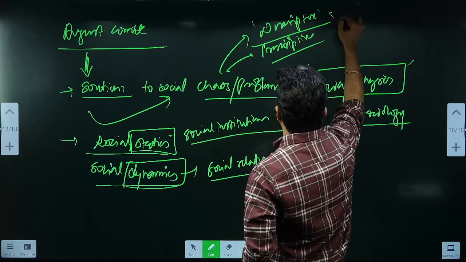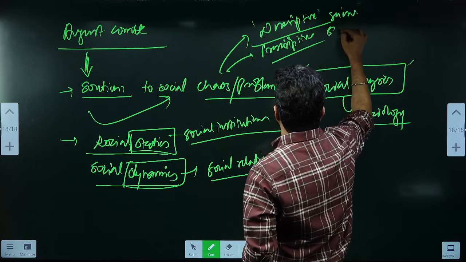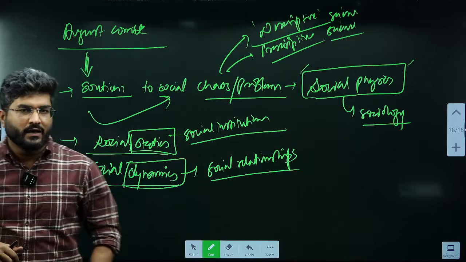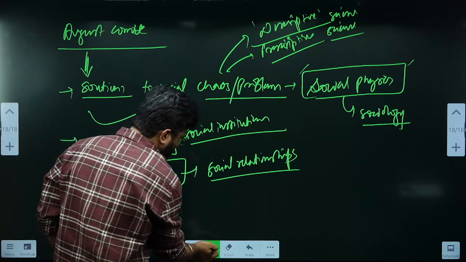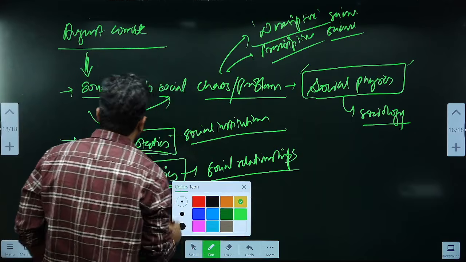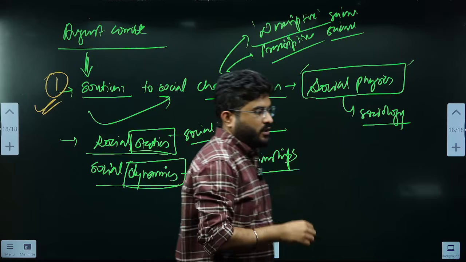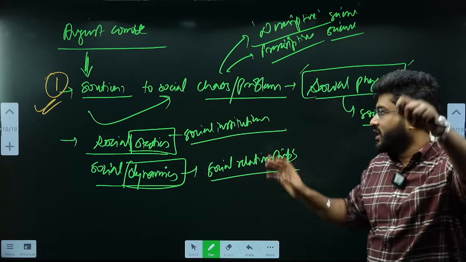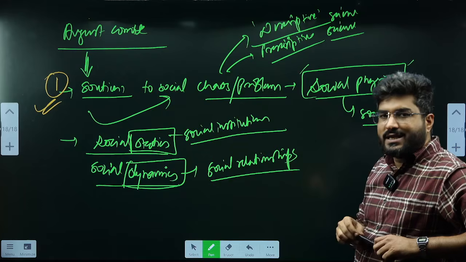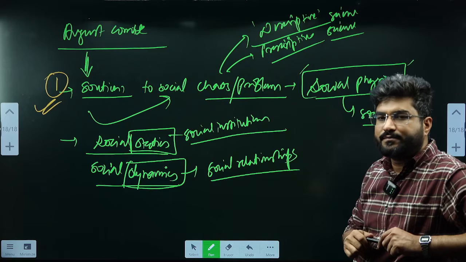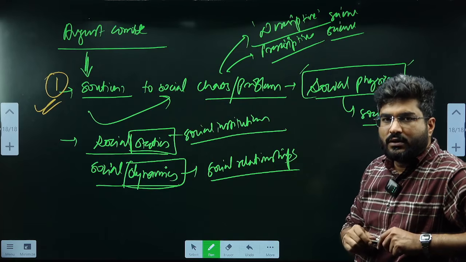So it is a descriptive science as well as a prescriptive science. Okay. So if a question comes around, what is the importance of sociology? The first point is already highlighted by Auguste Comte, that it is necessary to understand, analyze and find solutions to whatever social problems and social changes we have been seeing in society. Okay.